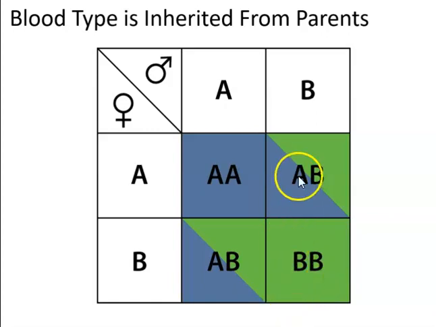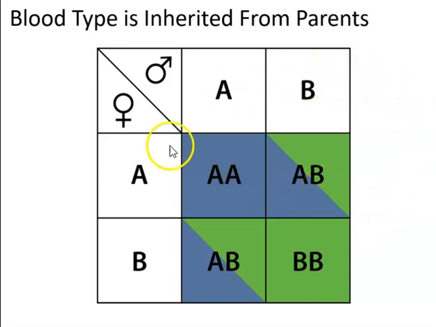And then we have 2 out of the 4, a 50% chance that the child might have a combination of type AB blood.